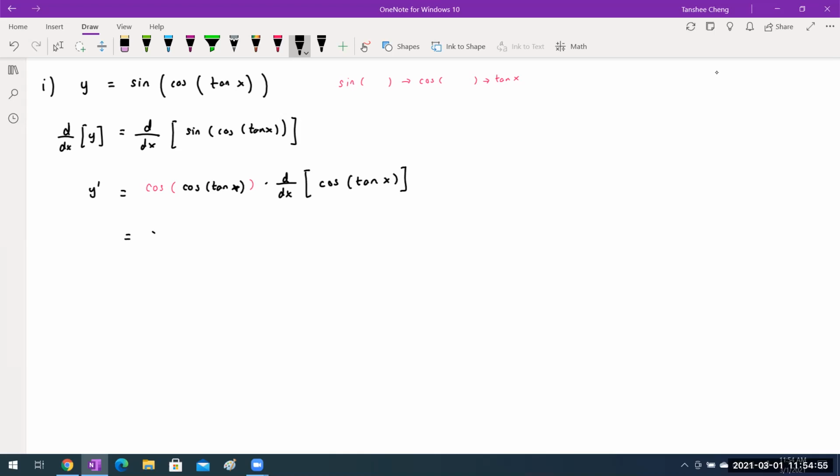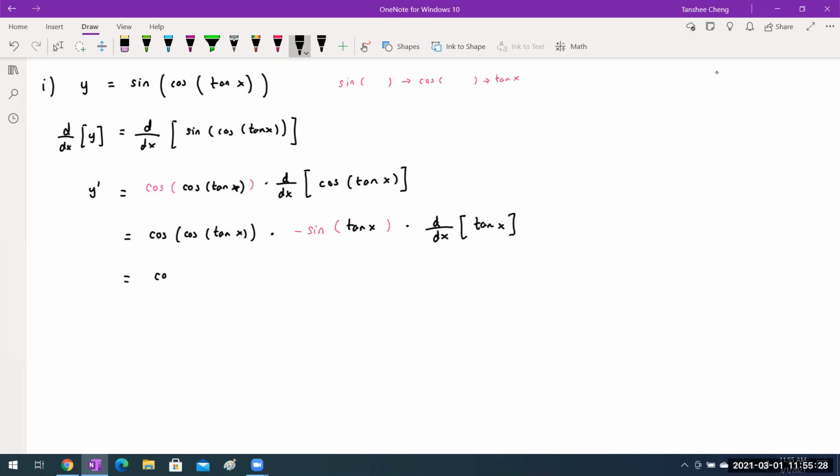So taking the derivative of that will be cosine of tangent x times, now the derivative of cosine is negative sine of the inner function. And that inner function is basically tangent x. Then times the derivative with respect to x of the most inner one, which is tangent x.